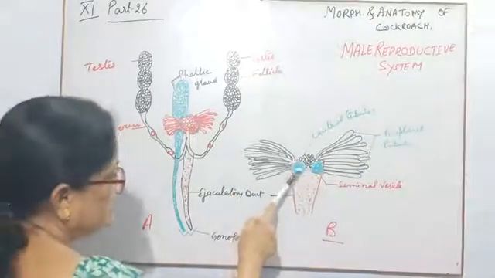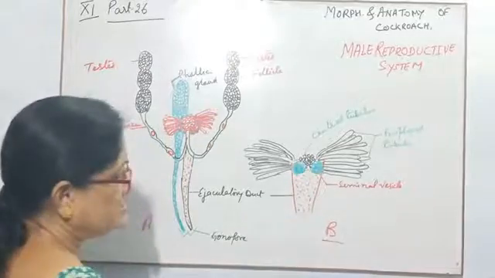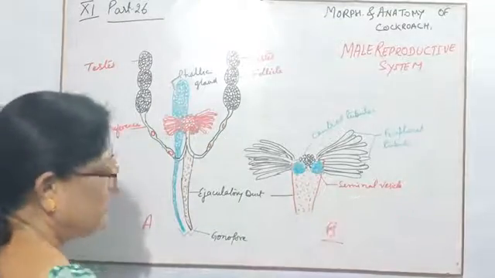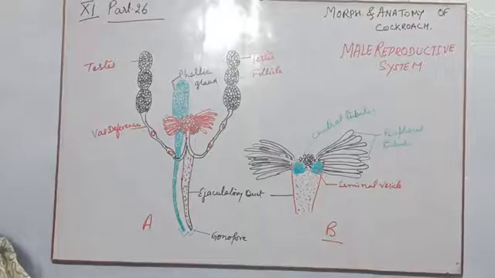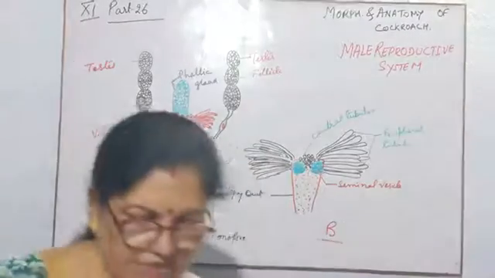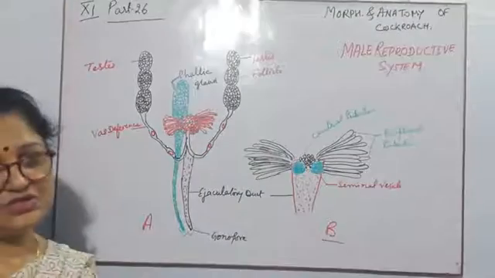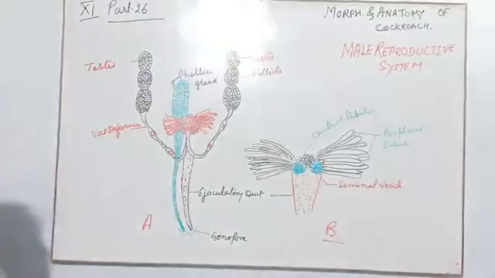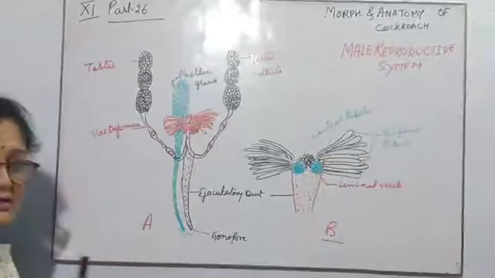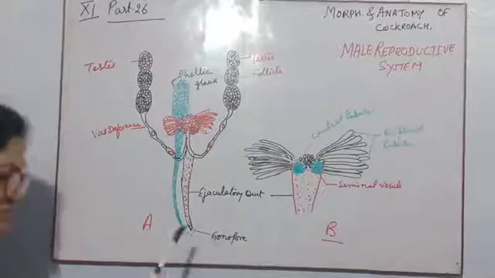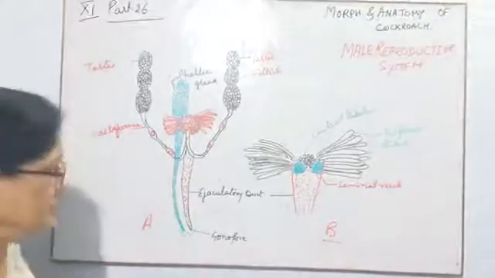Then there is the third one, which is more bulbous in shape. It is the seminal vesicle. The seminal vesicle has the purpose of storing the male gamete for proper formation and giving it some time to mature.